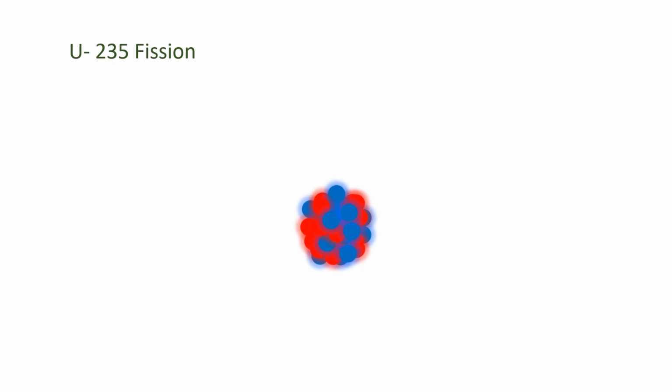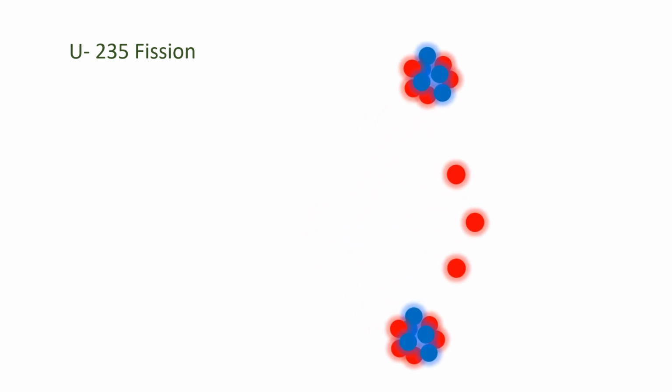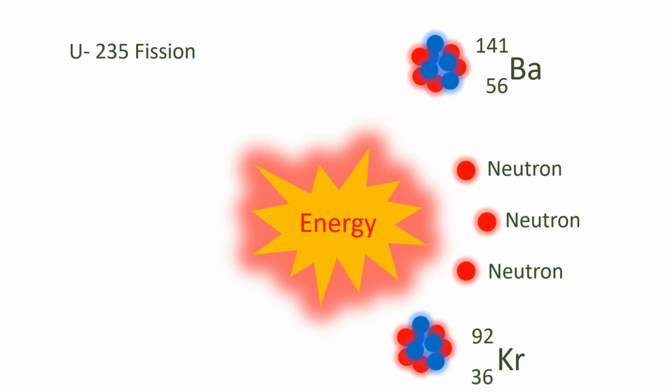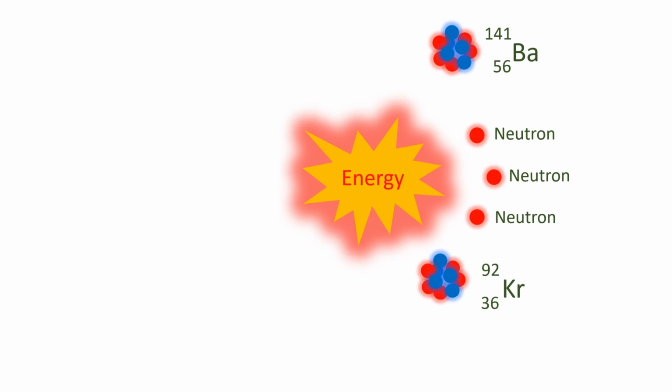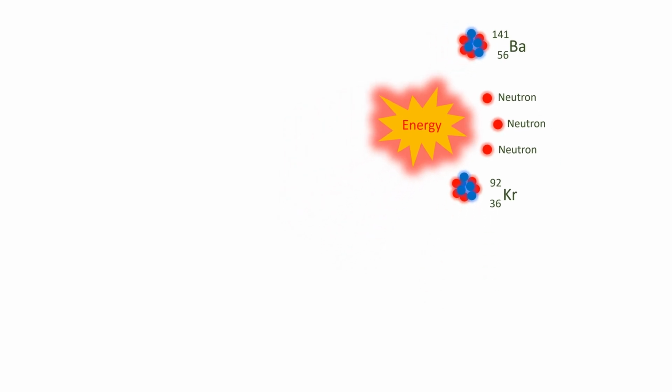The nucleus becomes unstable and splits into two smaller nuclei, barium and krypton. Apart from that, it releases 3 neutrons and energy. This energy is in the form of heat. The equation for this fission process shows that the total mass number and proton number before and after fission are balanced.